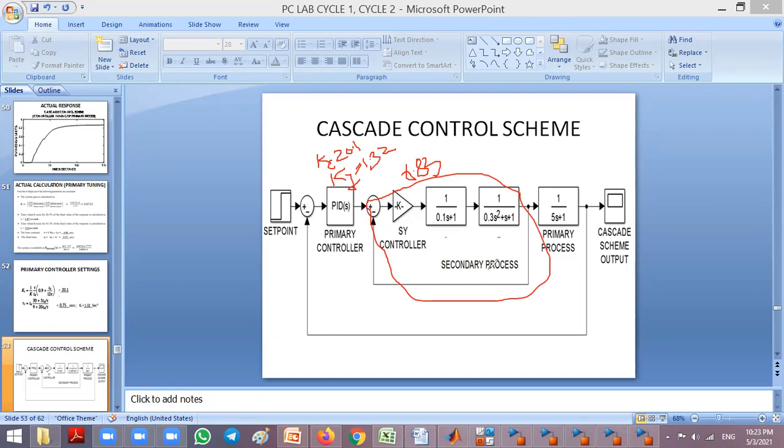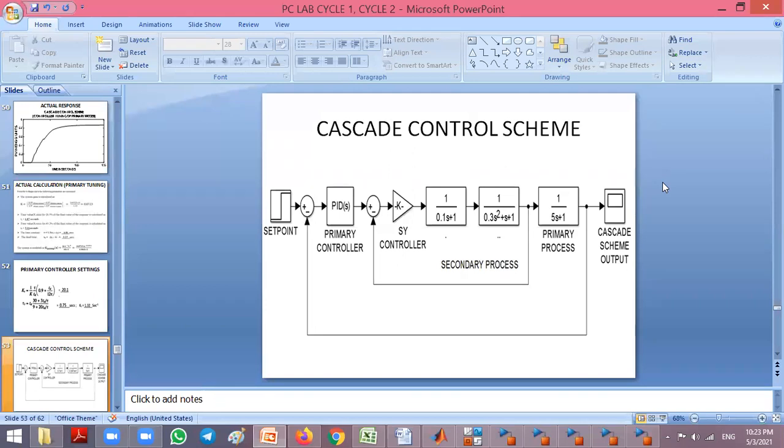The output of the secondary process is given for comparison to the error detector of the secondary controller, and you have a proportional controller here. This is the entire scheme which we are going to do in MATLAB. With this, the first part of the experiment is getting completed.